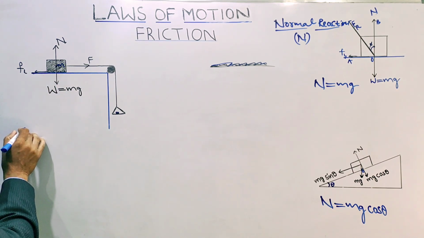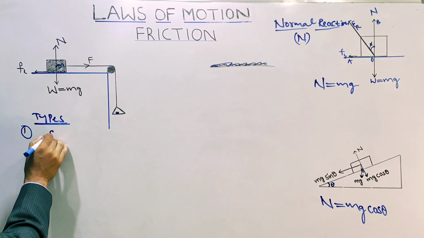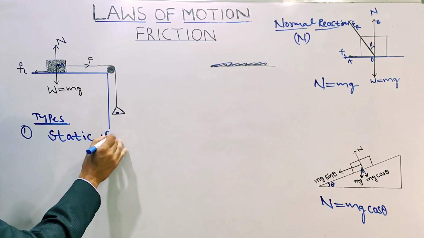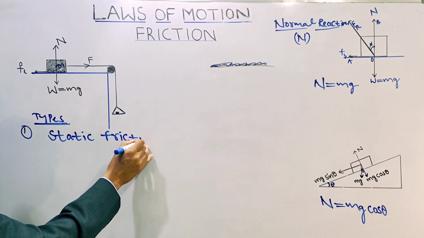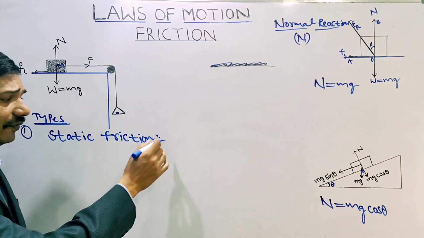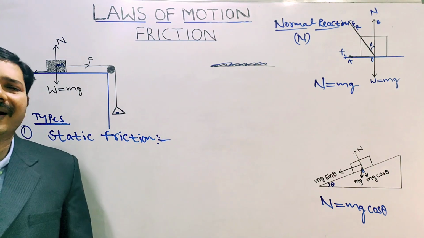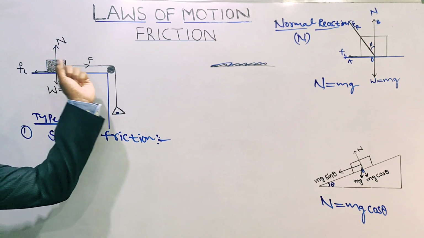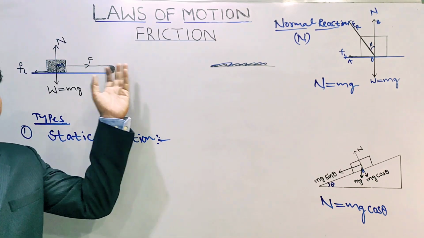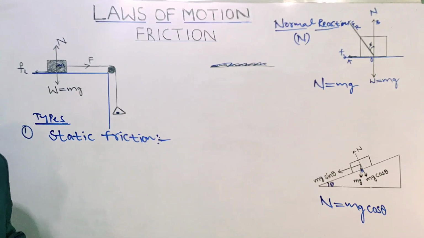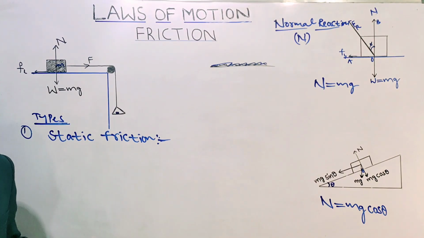The first type of friction is static friction. Static friction is a self-adjusting force, with the body at rest only, because whatever force we applied is not enough to make the body move.